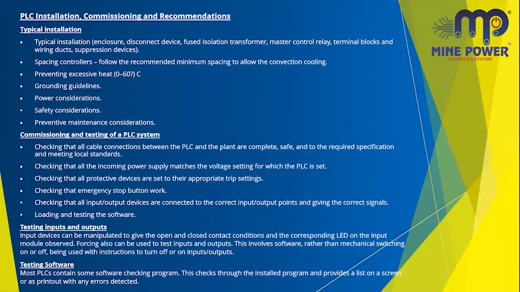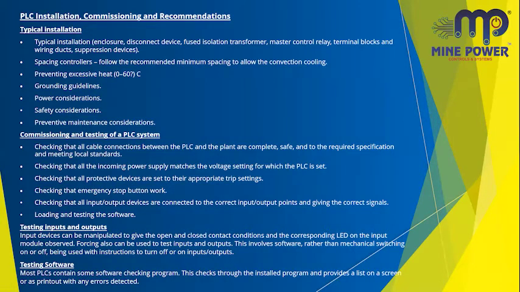How many electrical components are required for this project? We can select the panel based upon our requirements. And prevent excessive heat, 0 to 60 Celsius, and follow grounding guidelines, power consideration, safety consideration, and preventive maintenance consideration.